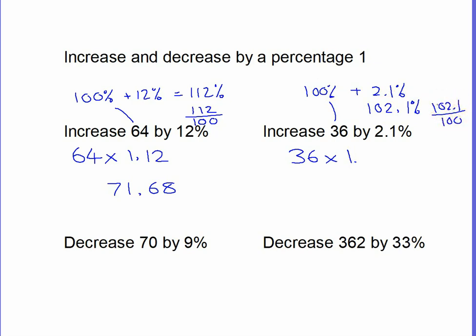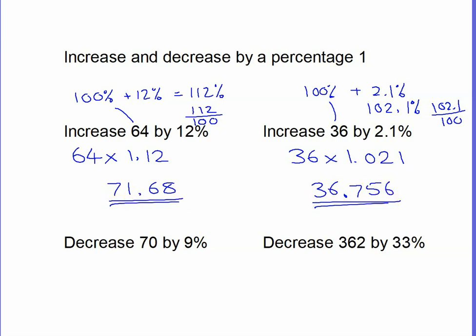So just move that decimal point back 2 places, so 1.021. Now obviously I don't do this every time, I just say, right, 2% would be 1.02, and I just chuck the 1 on there as well. So what is that? That is 36.756, so not much of a change, but there are my answers.